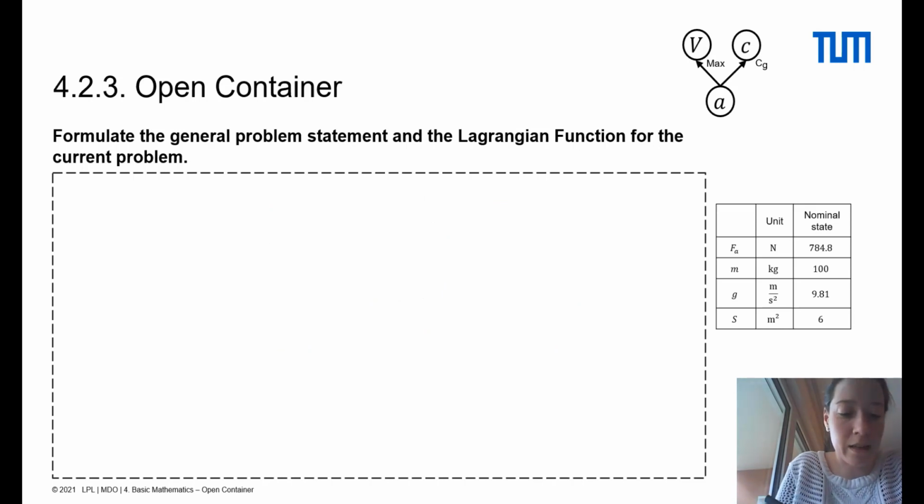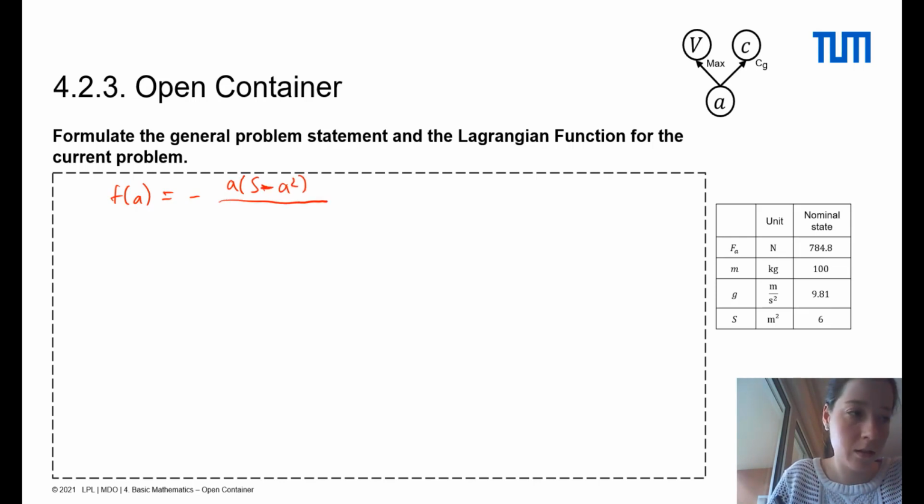Okay, now we can write down the general problem statement of the reduced problem. We got f of A is minus A s minus A squared over 4.